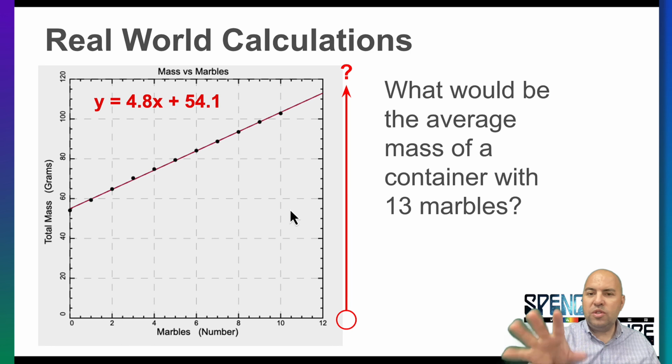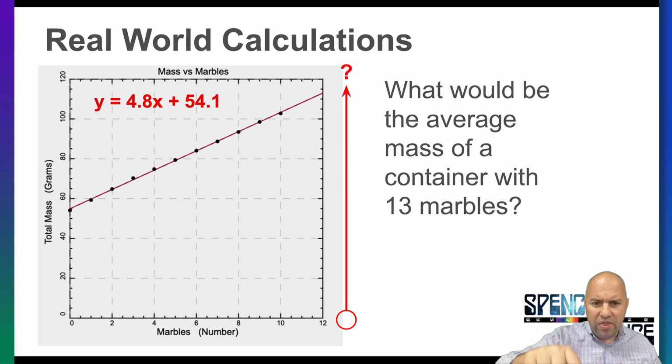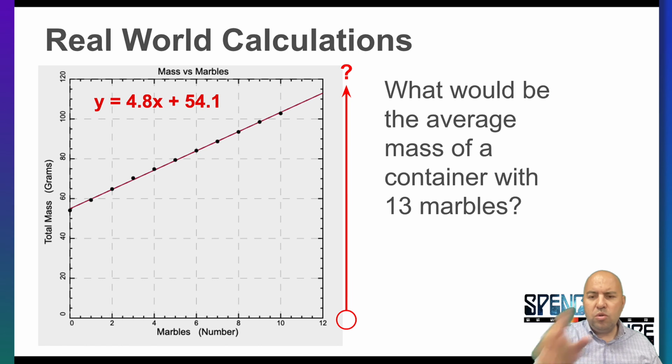We can use that equation to help us extrapolate, to go beyond what our graph has. Let's figure out the mass of a container that has 13 marbles in it. We can't really go in there and find 13 along the x and then go up and over. So let's use this equation.